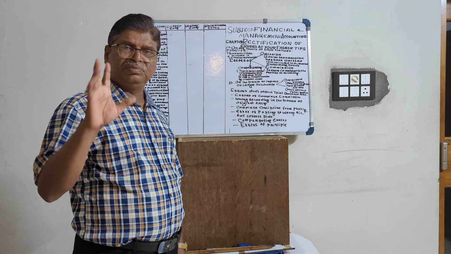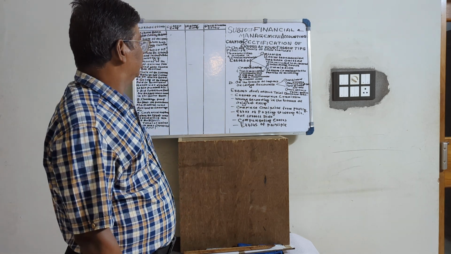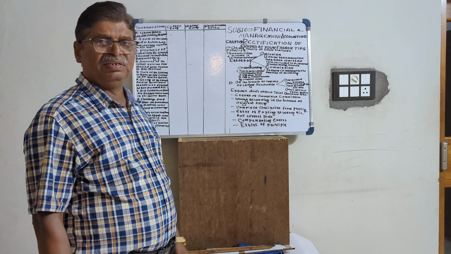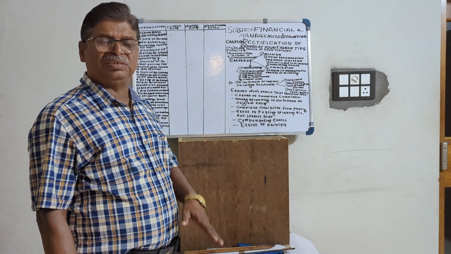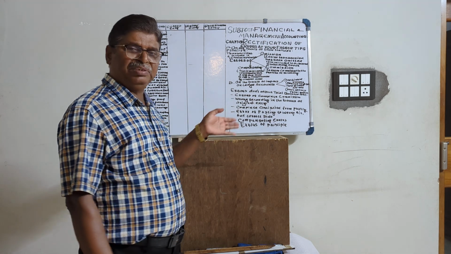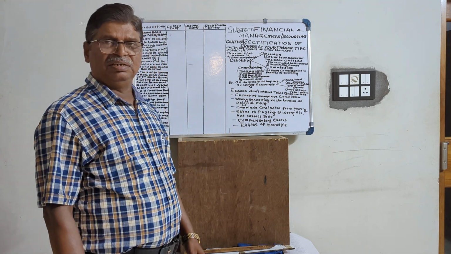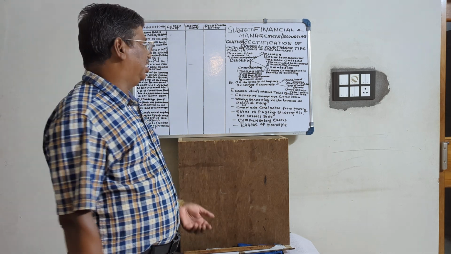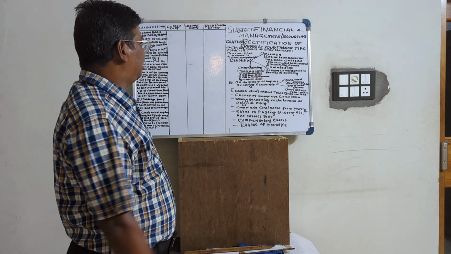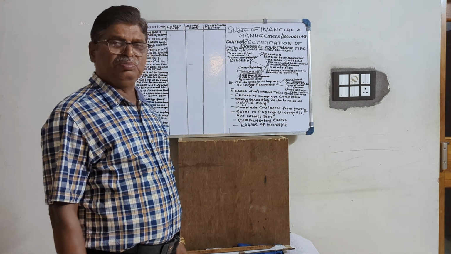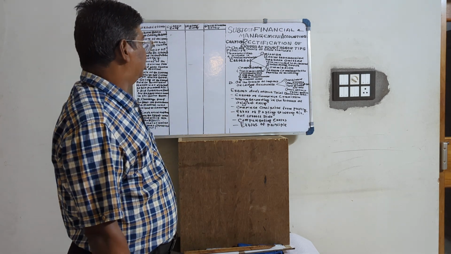Then from modern approach, increase in assets and expenses should be debited, decrease in assets and expenses should be credited. Then increase in liabilities, capital and revenue should be credited, and decrease in capital, liability and revenue should be debited.